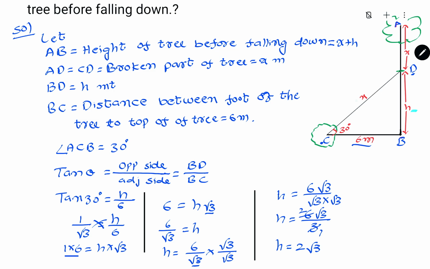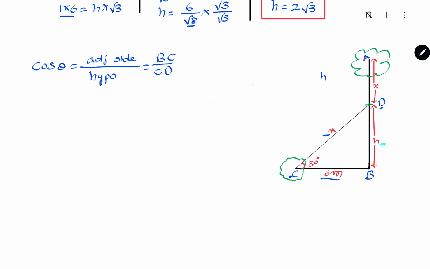Now we will find the x value. To find the x value, we use the cos ratio. Cos theta is equal to adjacent side by hypotenuse, which is BC by CD. Here theta is 30. So cos 30 is equal to the adjacent side, which is 6 meters, and the hypotenuse, we assume, is x.